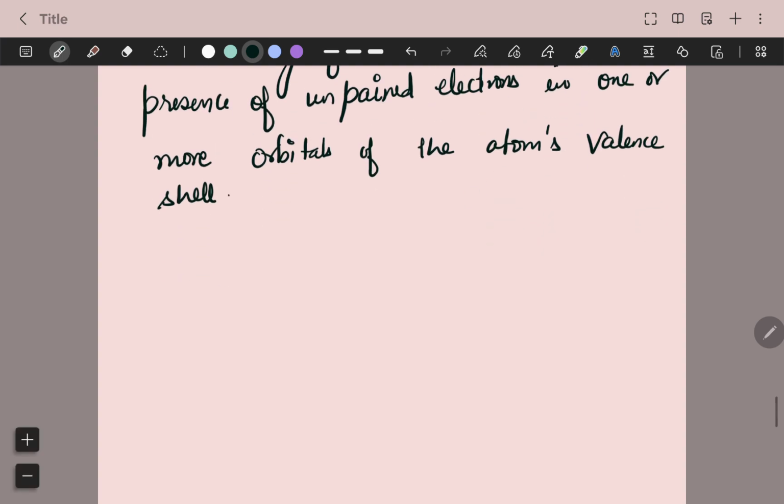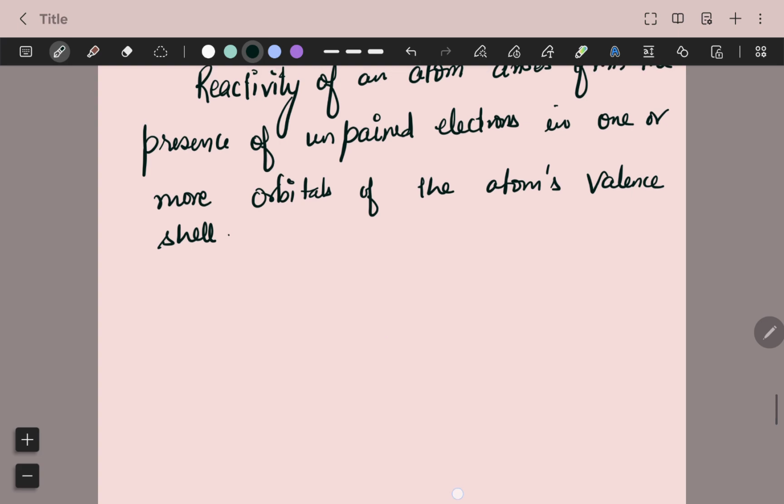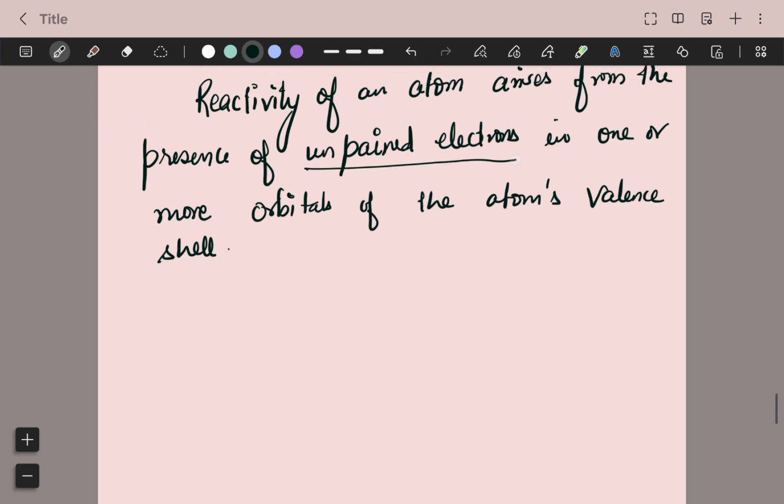And when the atoms interact with each other, which electrons are involved? Unpaired electrons.